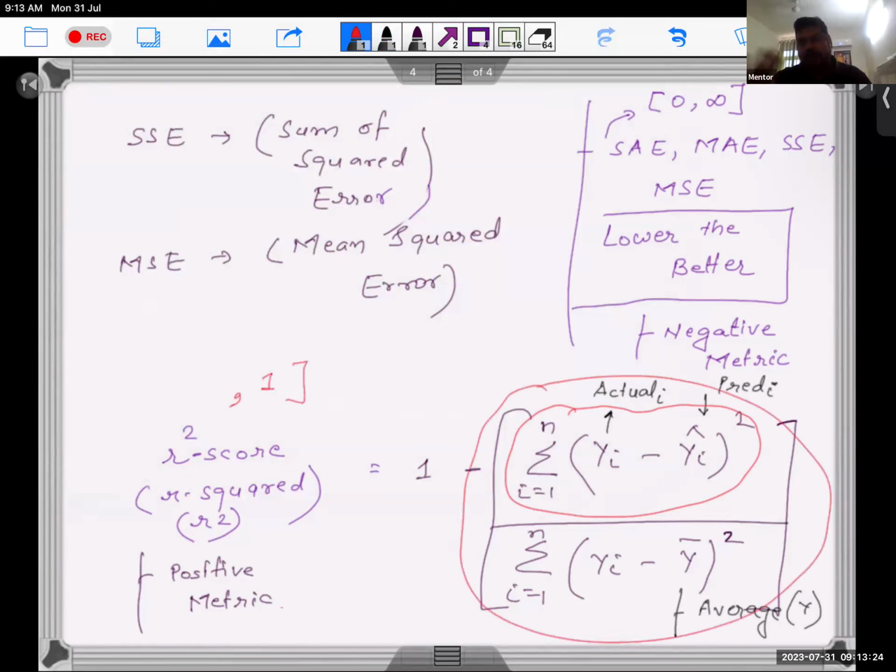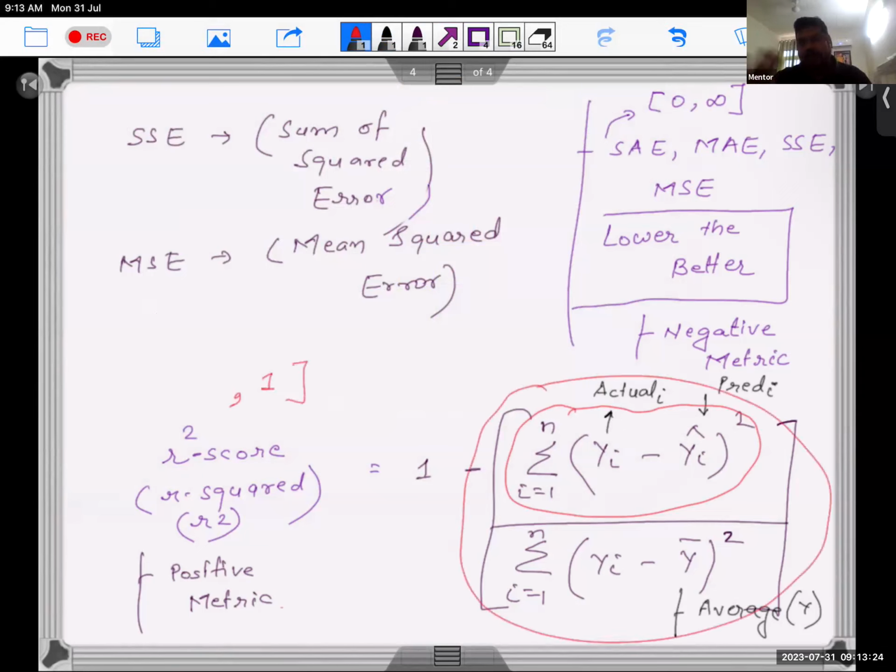But what about the denominator? The denominator is going to be a constant for a given data set. Is there any predicted aspect in the denominator? Y bar is a fixed term for a given data set, and yi is just the actual value, so it will be a constant. Once the number is decided, it is not going to change.